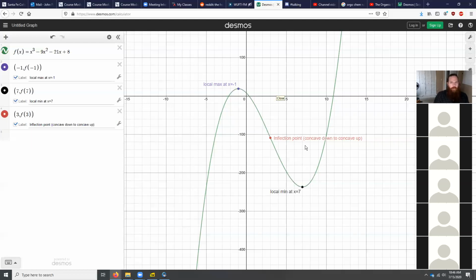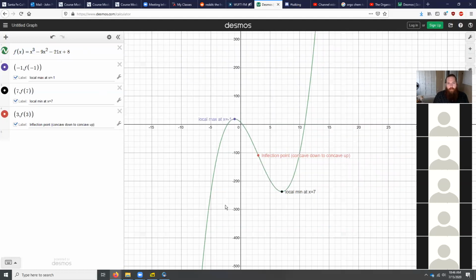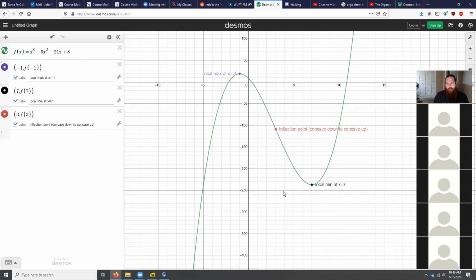Krishna asked, do we need to know this graph? The idea is not that I expect you to know how to graph this already. The idea is that I'm teaching you how to graph this right now. If you can find these x-intercepts, you can find the mins and the maxes, you can find the inflection points, and you know the end behavior, then you can draw a really awesome graph.